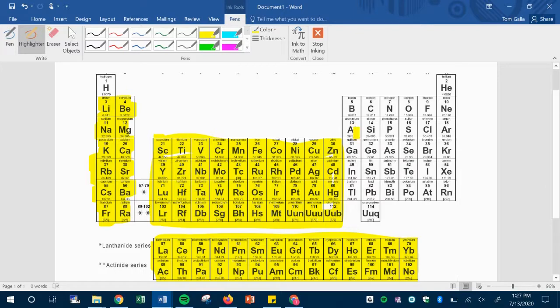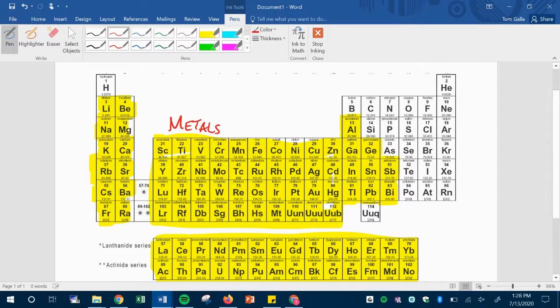So the other metals that we need to label include aluminum, gallium, indium, thallium, then germanium, tin, and lead, then antimony and bismuth. So those are what we have to label as our metals. And here we'll even label that really quick. So this is our metals.